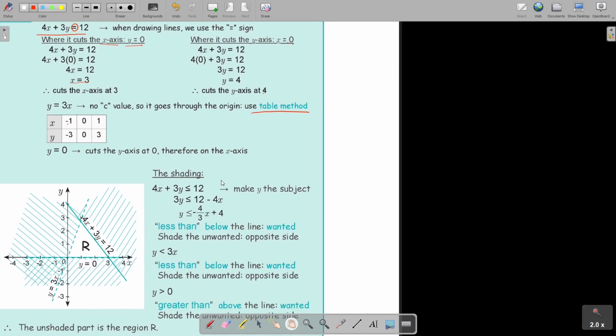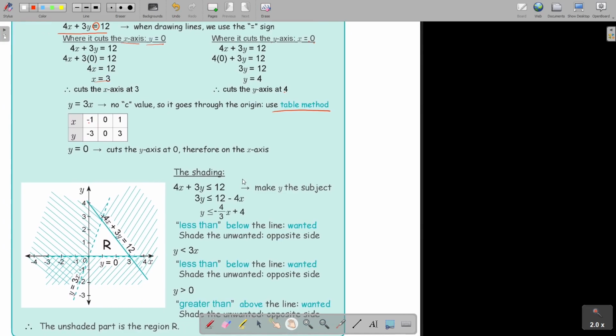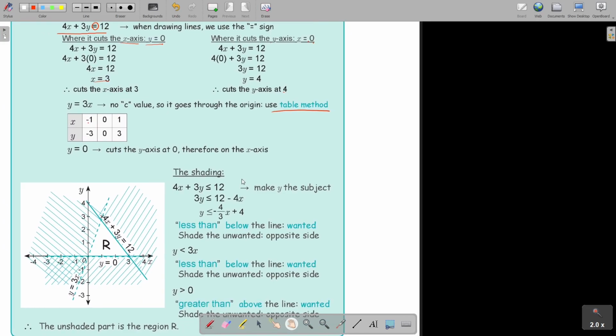Now when you come to the shading, this is a method that always works. If you look at this line, there are 2 sides to this line. There's going to the top, going to the bottom.